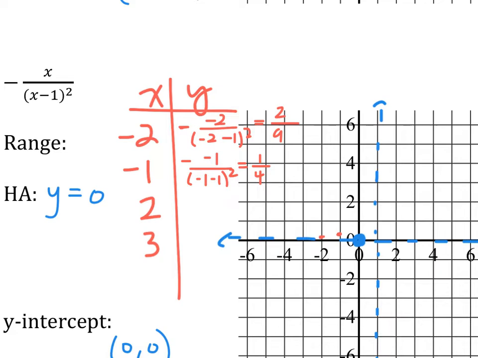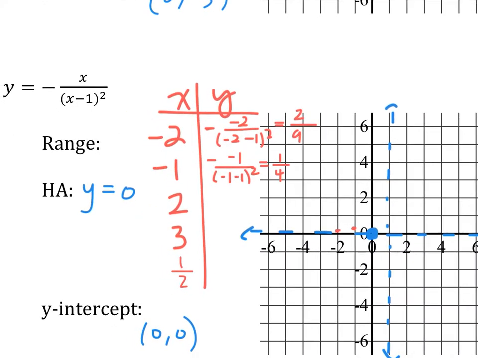I'm going to put one more point in just to be sure. I'm going to put in 1/2. Double check. So this is going to be -1/2 over 1/2 minus 1 squared. So this is -1/2 over 1/2 minus 1 is -1/2. -1/2 squared is 1/4.